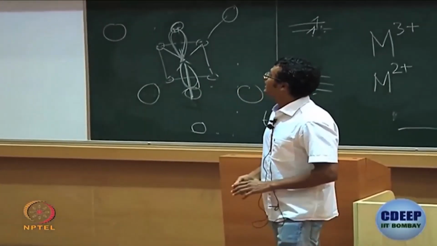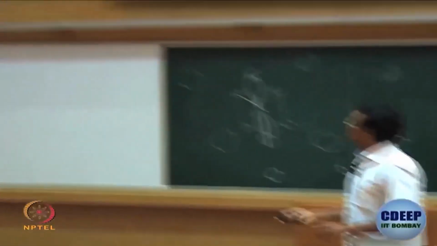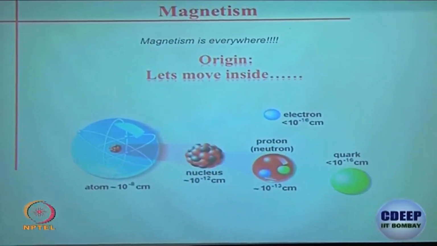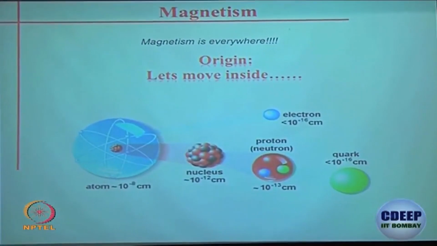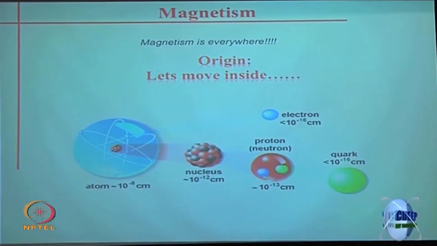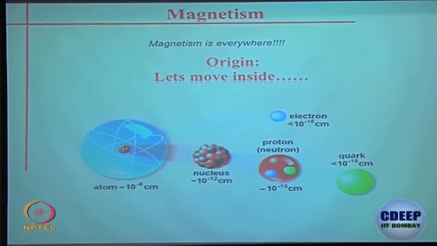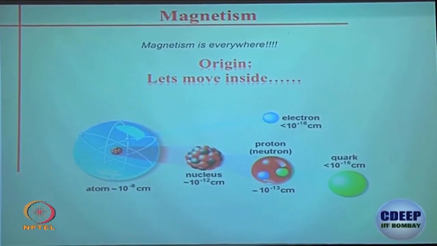Okay. Now, what is next? From the universe to your atom level, all of them have some sort of spinning behavior. Okay, two types of spinning are possible.